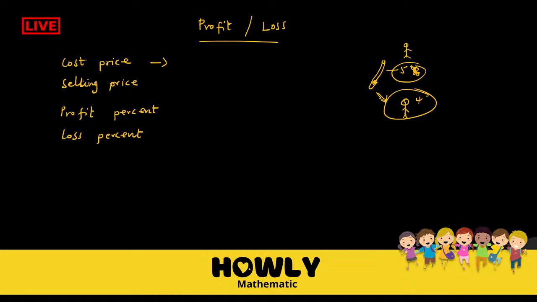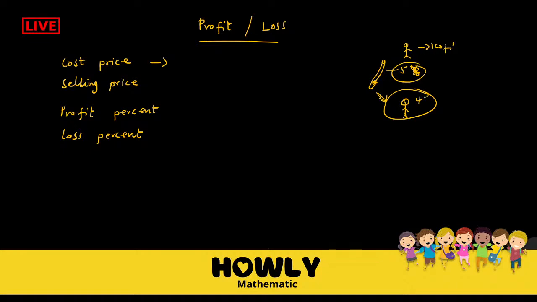So profit, some books will write it as gain. So gain something, profit something. So you obtain a profit. Selling price is more than your cost price. For this particular person, maybe bought this pen for 5 cedis and decided to sell it for 5 cedis.